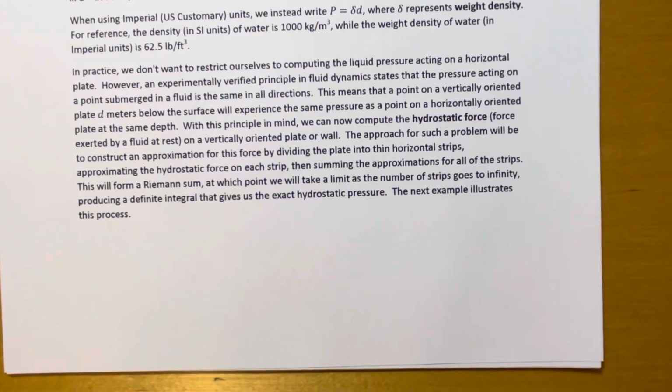I think the example your book uses to illustrate this is a diver. So if you're a scuba diver and you go under the surface of the water, the pressure that you feel on your face mask, which is acting horizontally towards you, is the same pressure that you would feel on the top of your head, which is acting vertically downwards, if your body is oriented straight up and down.